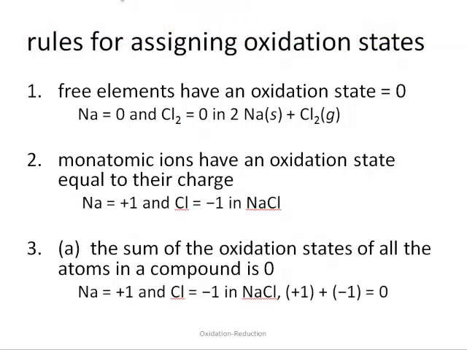Free elements by themselves, so any of our monoatomic elements, sodium, gold, platinum, calcium, or any of our diatomic molecules, we're going to give those an oxidation state of 0. You can think of it that the free elements haven't reacted yet, so they're starting out at the bottom with an oxidation state of 0.